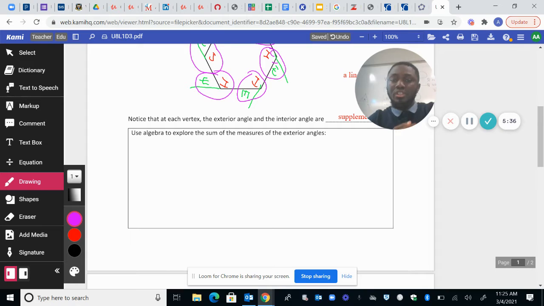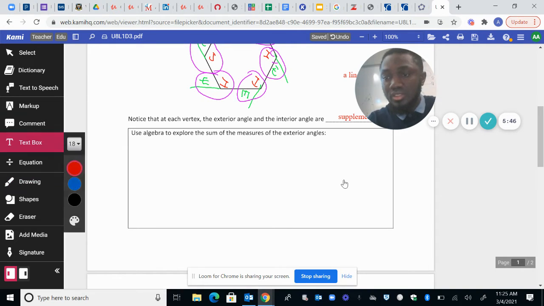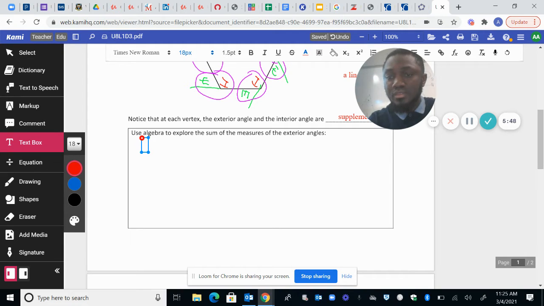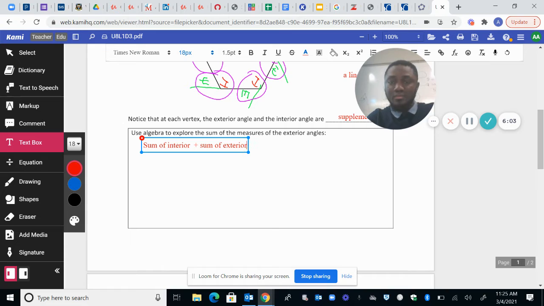So here we're gonna generate a formula to know the sum of exterior angles, and we're gonna use algebra. We know that the sum of interior plus the sum of exterior is 180 times n.